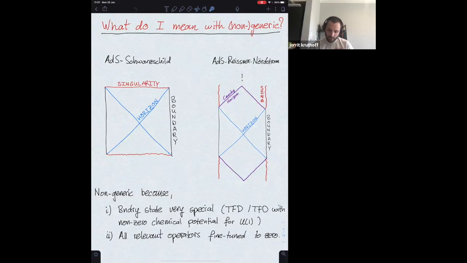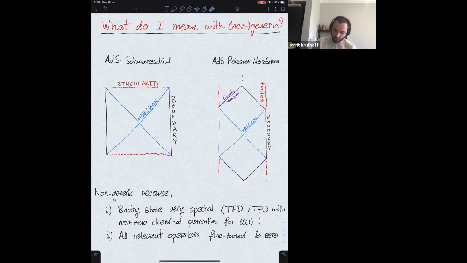This Cauchy horizon is a peculiar feature of the Einstein equations, because it's a null surface beyond which we cannot evolve the Einstein equations, at least not uniquely. Recently, in a paper by Dafermos and Luk, it was shown that you could indeed continue the Einstein equations beyond that point, but not in a unique way.